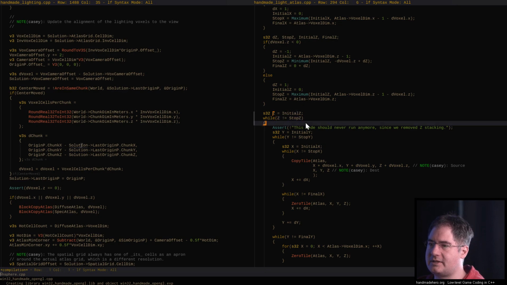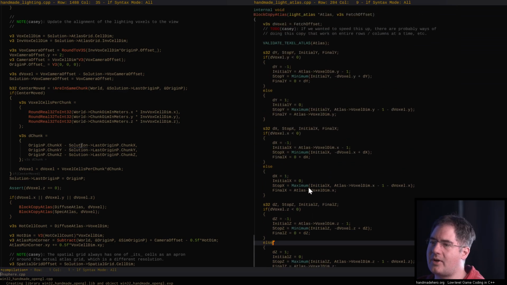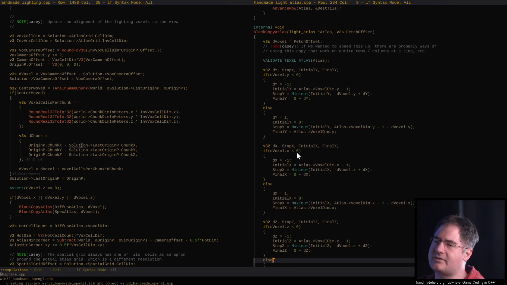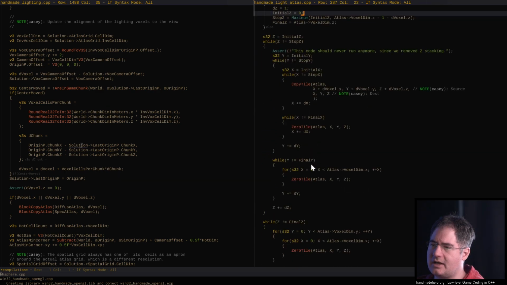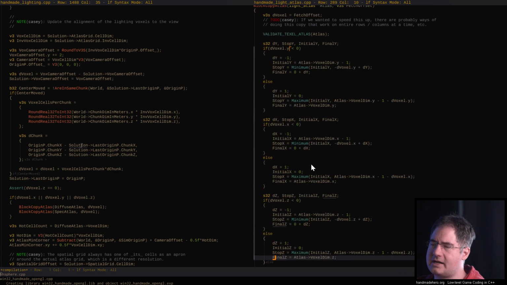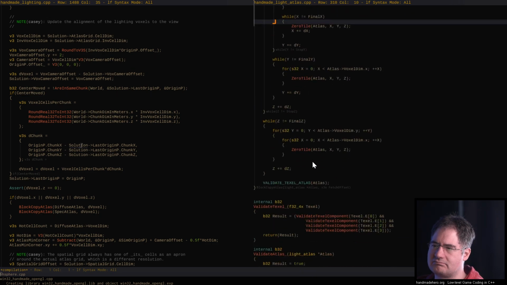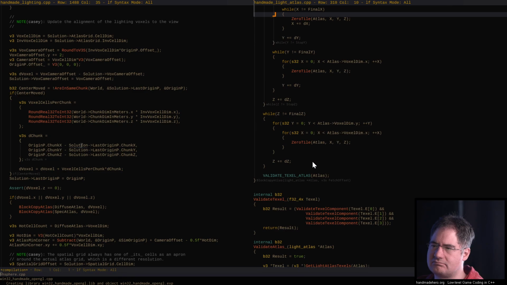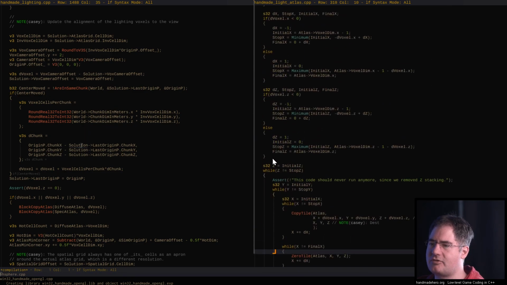Z should always be equal to stop Z, I would think. Although, actually, you know what? Now that I think about that, that's probably wrong. The Z might still consider itself happening on one layer. Yeah, so that's the Z region.